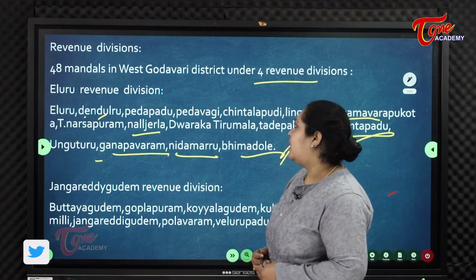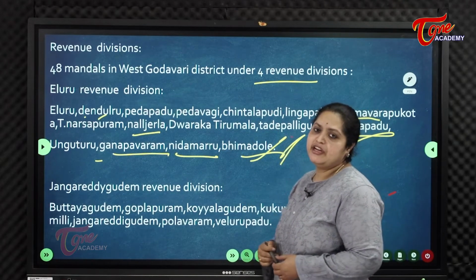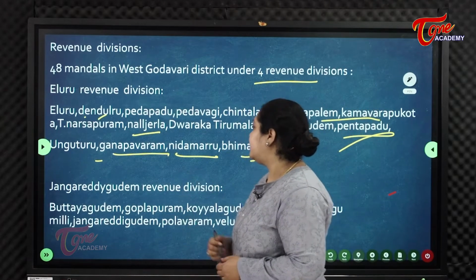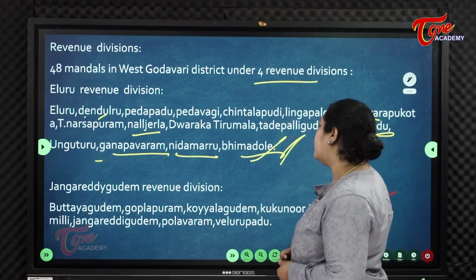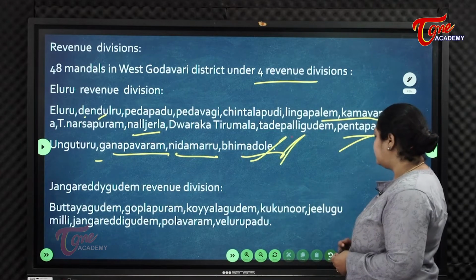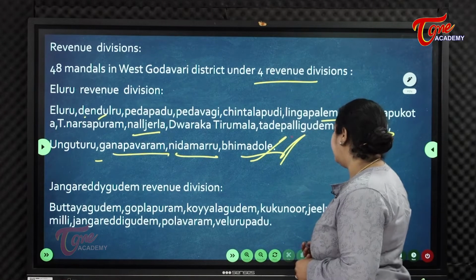These places come under Eluru revenue division. Next, Jangareddy Gudam revenue division: Buttayagudam, Gopalpuram, Koyyalagudam, Kukunuru, Jilugumilli, Jangareddy Gudam, Polavaram, Velurupadu.